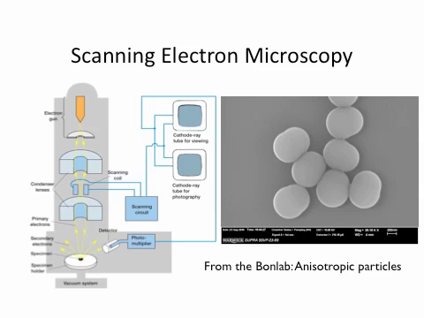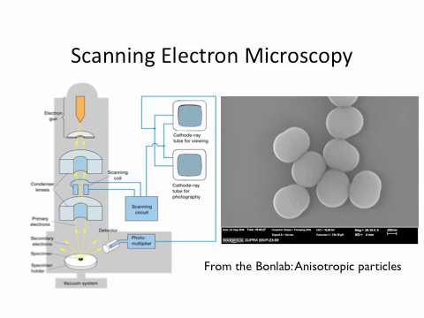Because obviously those electrons have to be able to move away, otherwise you charge your sample. Then whatever comes off, your secondary electrons, go to the photomultiplier, and that gives you the picture. So here you see a typical SEM picture of some work from our group, which are Janus type anisotropic particles.